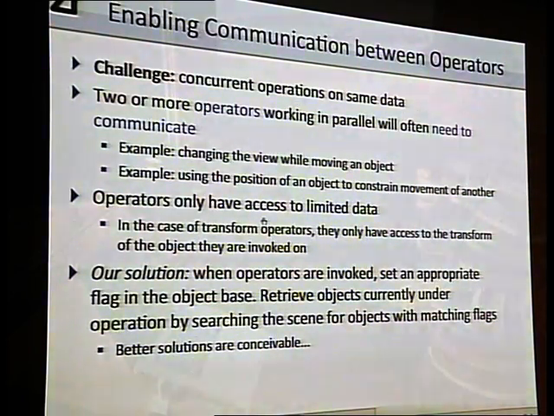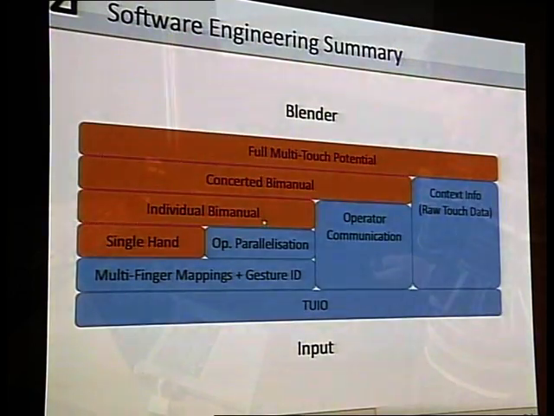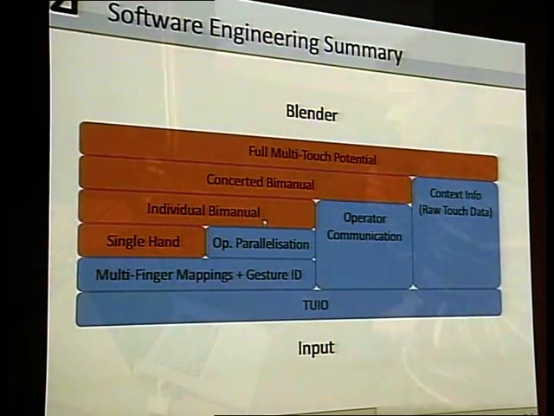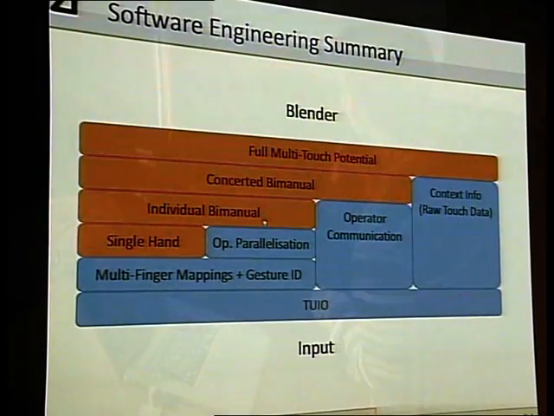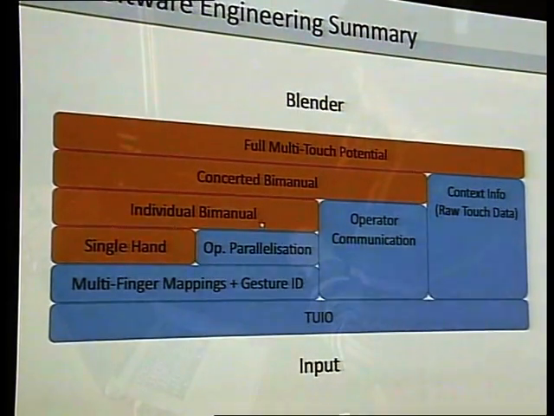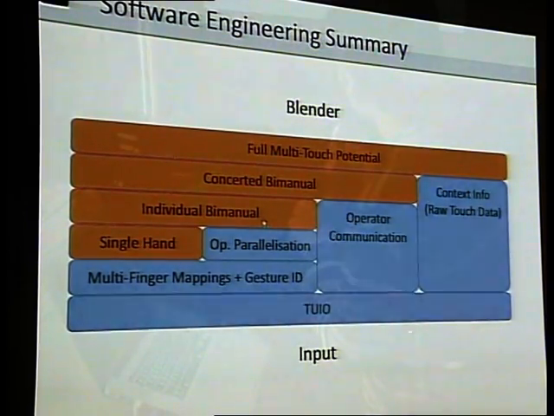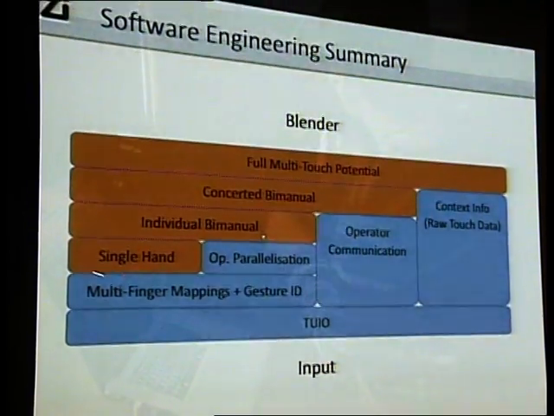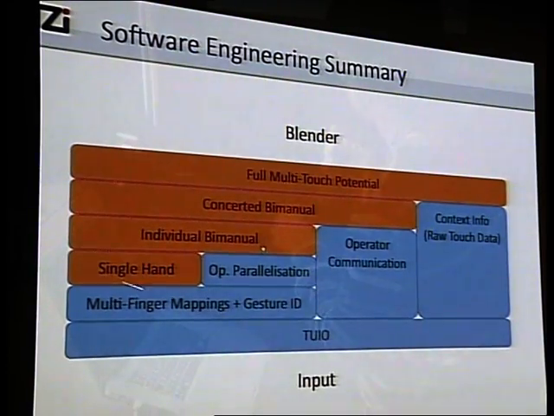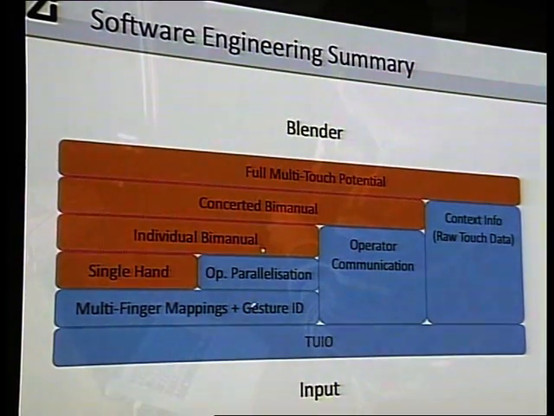Okay. So we have another nice figure to summarize. We have the multi-touch input. At the bottom layer, we have the TUIO interface, which together with multi-finger mappings and the IDs enables single-hand usage.